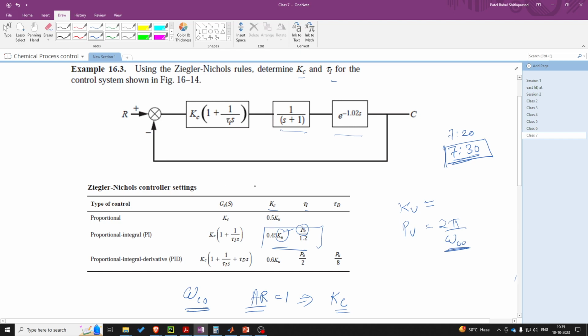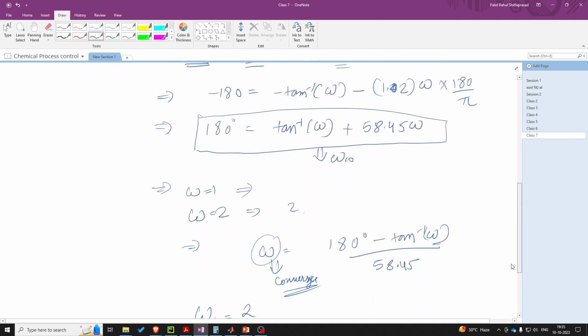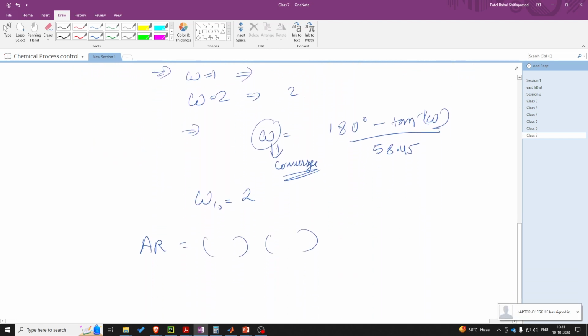So over here, we have to find this Kc. So the amplitude ratio will become Kc upon under root of 1 plus omega square, and for this exponential lag, it is nothing but 1.